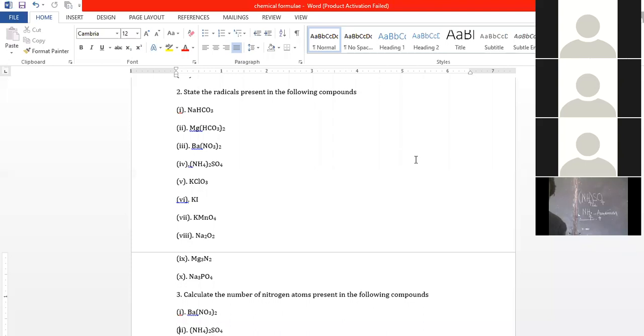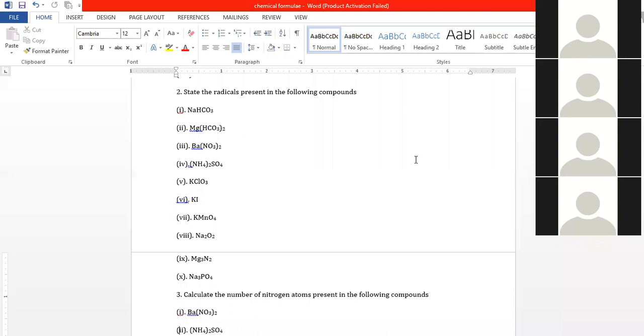Wait, teacher, I don't understand why number 7 is a permanganate. So number 7, we have the compound which is KMnO4. So the whole of this is the radical that we are talking about. And that radical is called a permanganate radical.